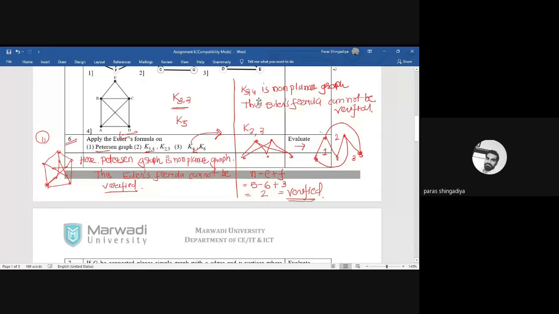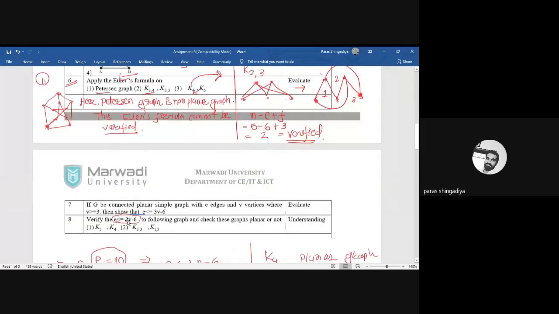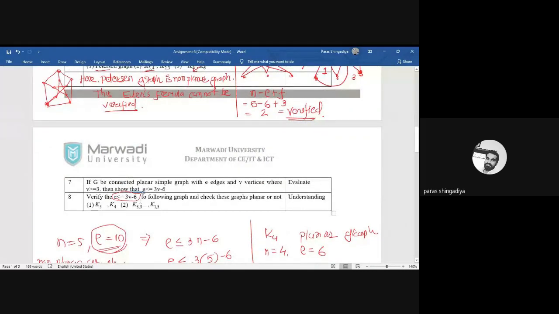That we already discussed, means already done in the lecture session. That is one of the corollaries. It will be a connected planar graph, which is a simple graph also.